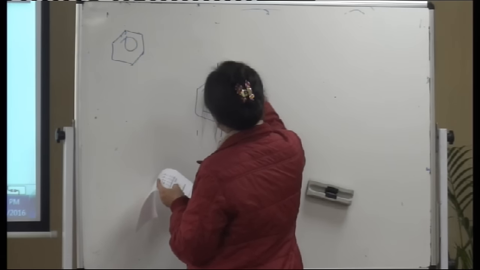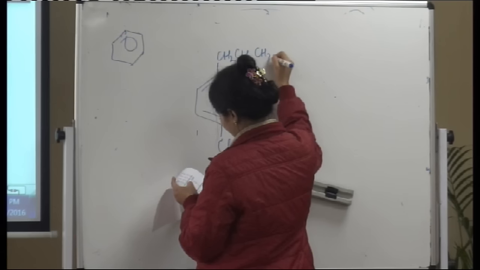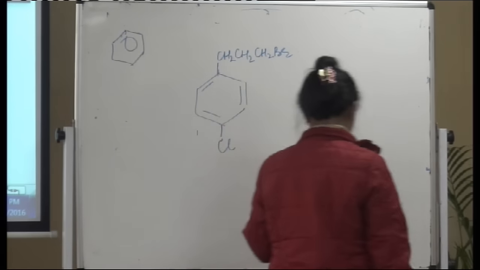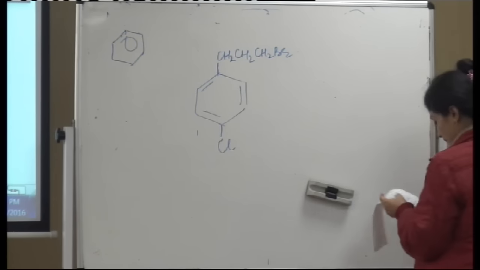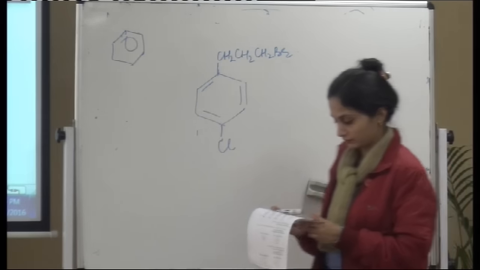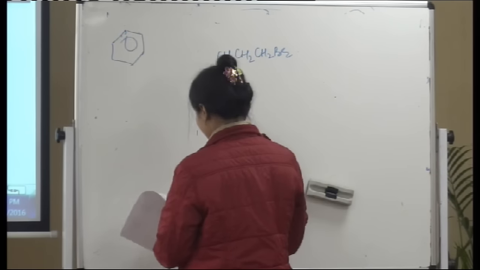Now let me just change it a little bit for your naming. Okay, take this CH2, CH2, CH2, Br. How will you start numbering in this case?